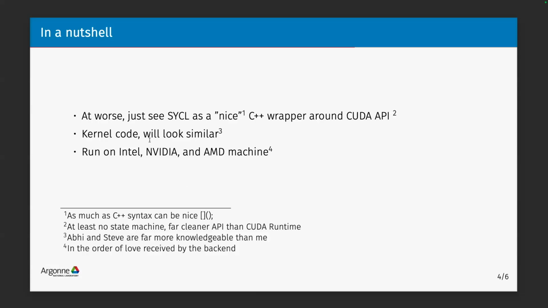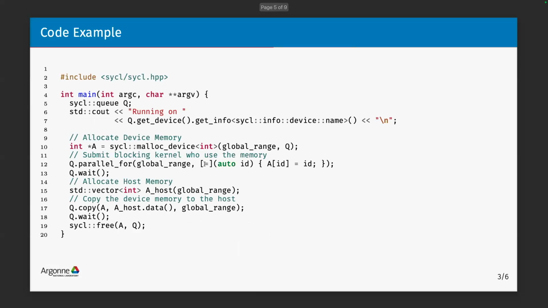You can just see SYCL as a nice C++ wrapper around the CUDA API. Oh yeah, sorry, this guy. This thing is a lambda. If you are not familiar with lambdas, it's an anonymous function that can capture everything and access the outside scope. For example, here I can access ID and I can access A, and A has been defined outside of the lambda.